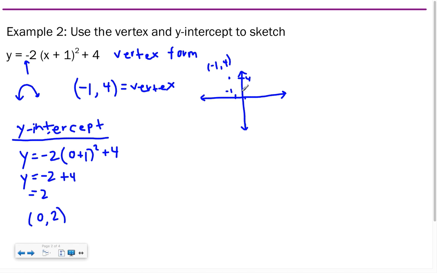And I have a y-intercept at (0, 2). So again, just a rough sketch. I know my vertex is up here. Now I'm going to be cutting through my y-axis. Here we go. There's a very rough sketch, but it is labeled, of my parabola, mapped out by this equation, y equals negative 2 times (x plus 1) squared plus 4.